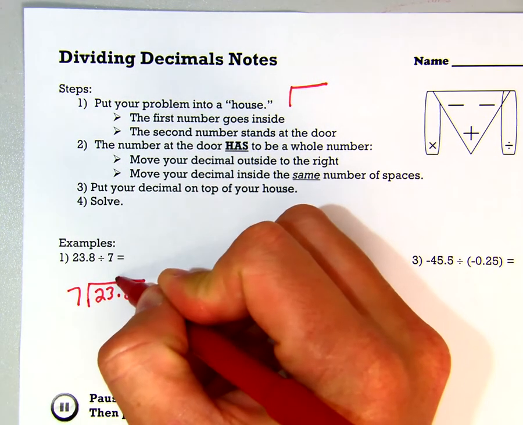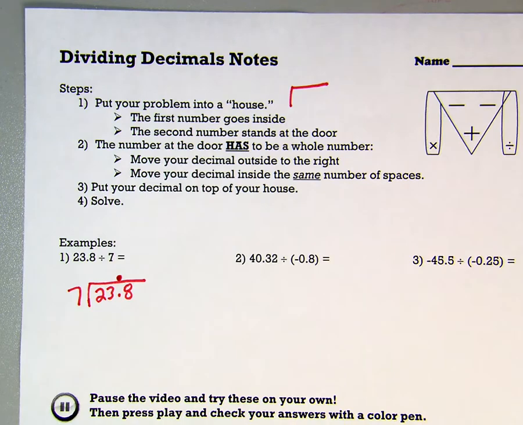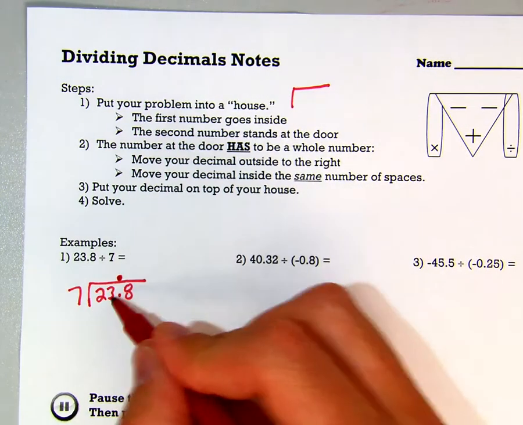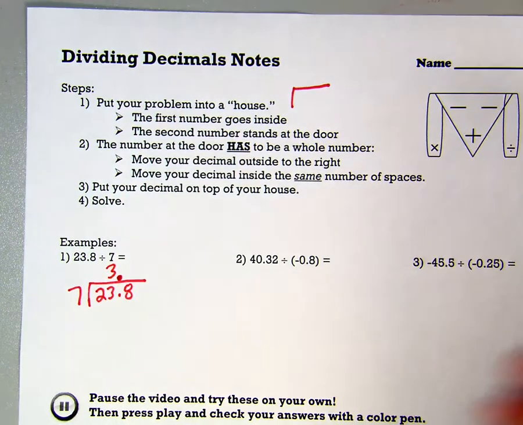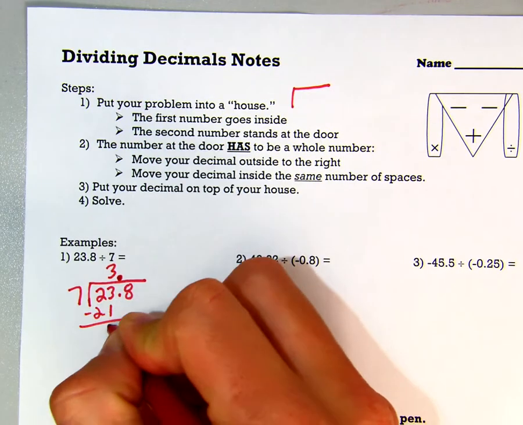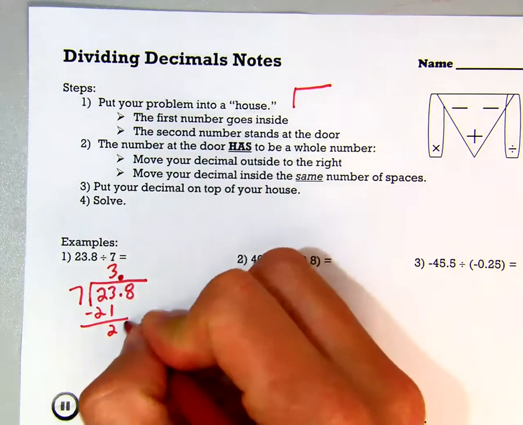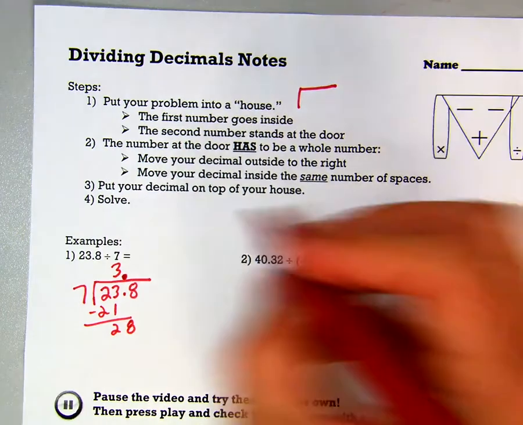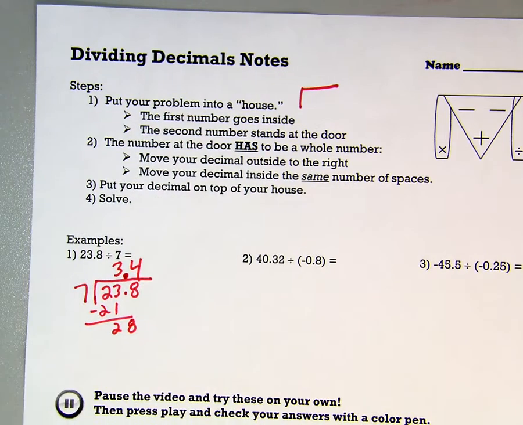The only thing I'm going to do is bring my decimal point up here so I remember to include it in my answer. So 7 goes into 23 3 times. Bring down my 8. 7 goes into 28 4 times. So 7 goes into 23.8 3.4 times.